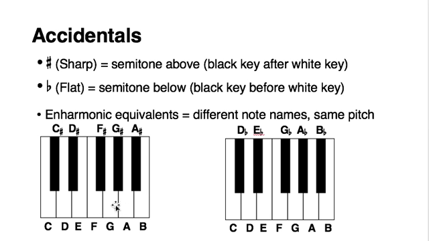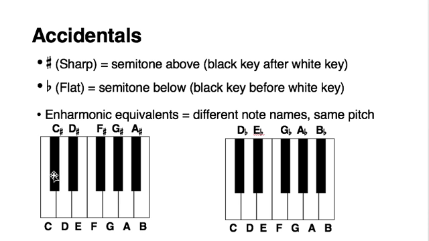So you have A through G, basically, or if you're starting on C, from C to B. So when you're landing on a black key, that black key will borrow the name from a white key and add to that name something that we call an accidental. So accidentals indicate the location of the black key in relation to a white key. Accidentals are little symbols that tell you, in other words, what the closest white key is.